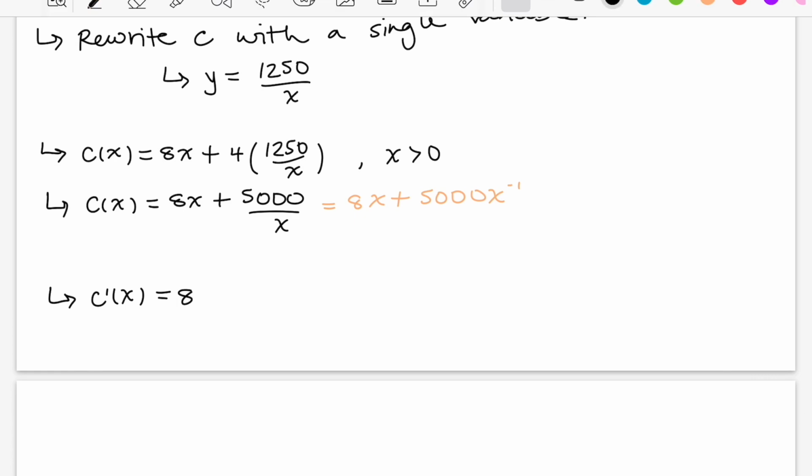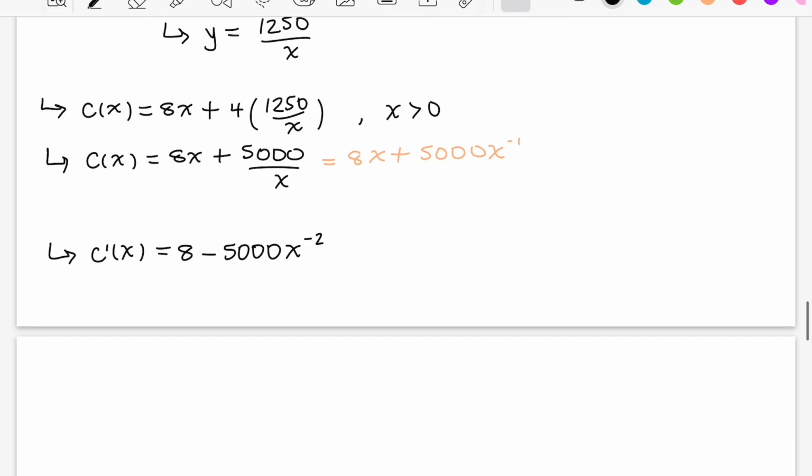So we end up with 8, minus, because we bring that negative 1 down, 5,000 times x to the minus 2. Okay. And so this is equal to 8 minus 5,000 over x squared.